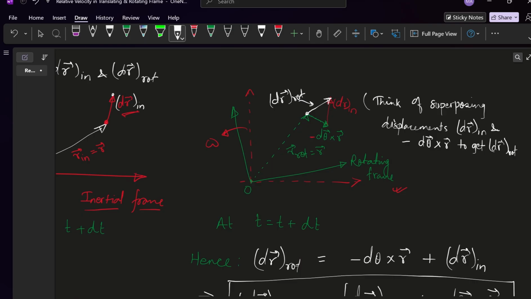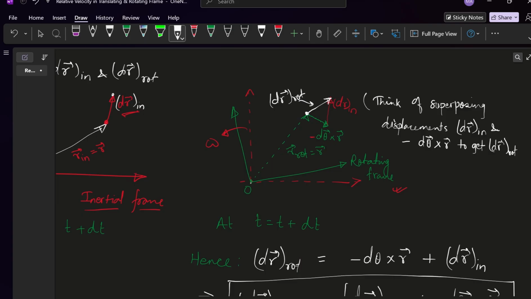This one is the time t position. Now, if just a simple rotation case is there. So if this frame is rotating and let's assume that there is no velocity in the inertial frame, this particle will be stationary, right? Okay, just this frame is rotating in the anti-clockwise sense.